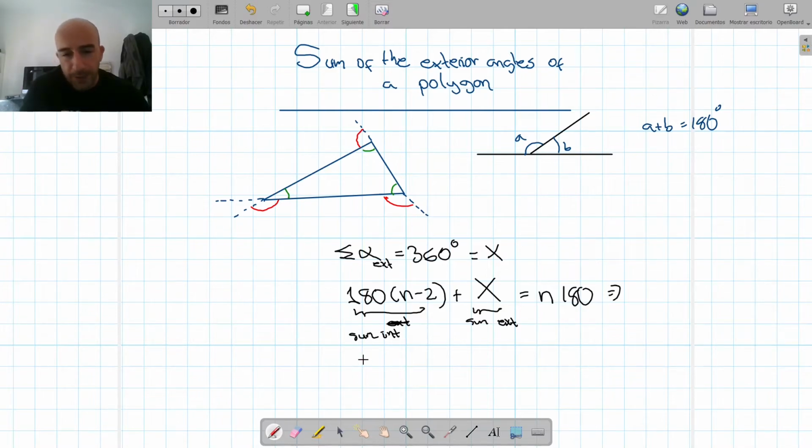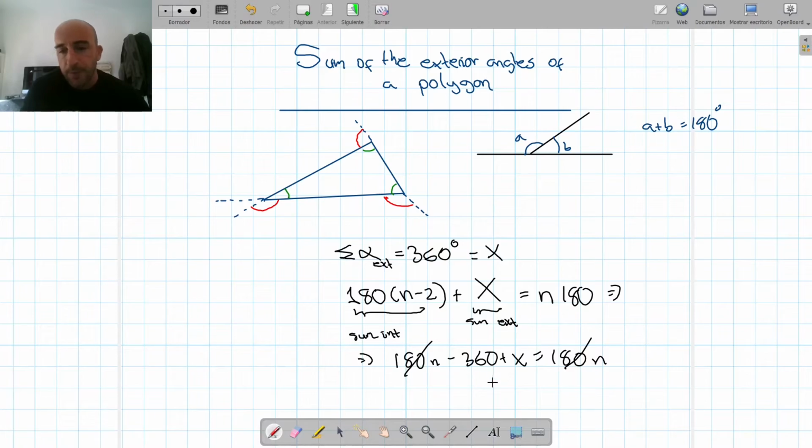Okay, so if we extend that and start to operate, we'll see very easily that we get 180n minus 360 plus x equals 180n. We have 180n on both sides.